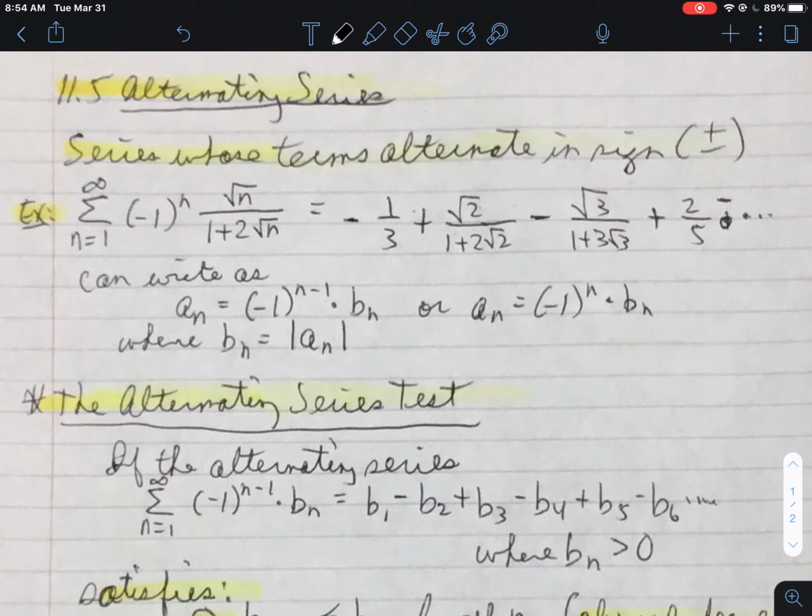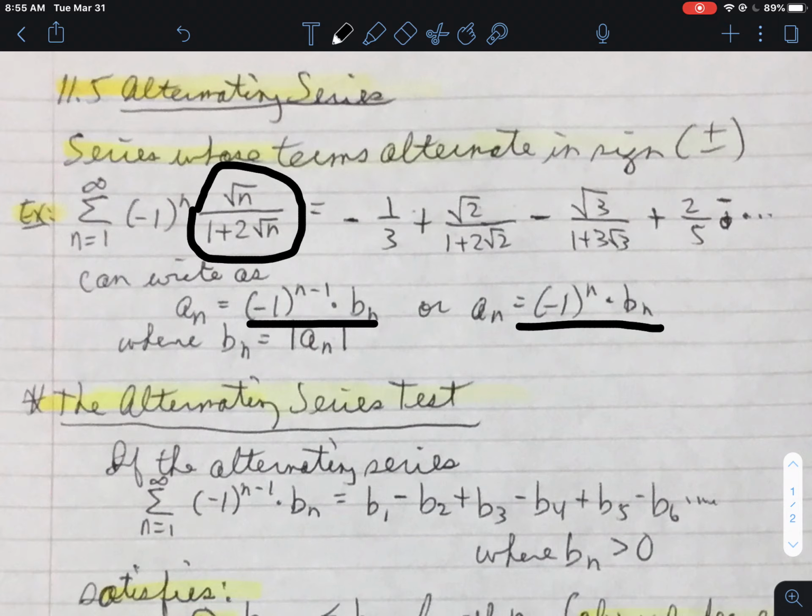Generically, we're looking at a series that can be written in the form of -1 to a power times what we're calling b sub n, where b sub n is the positive part of that term. So when we look at this series up top, square root of n over 1 plus 2 square roots of n, that's what we're calling the b sub n.